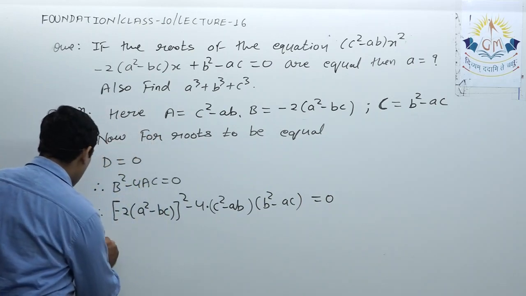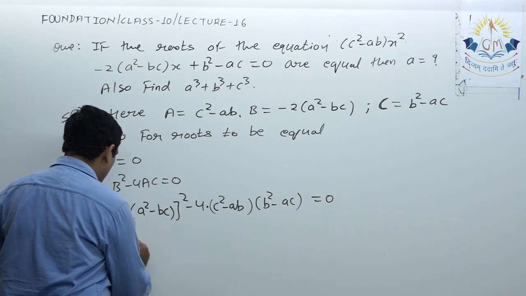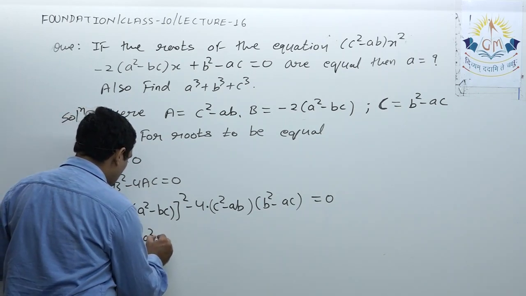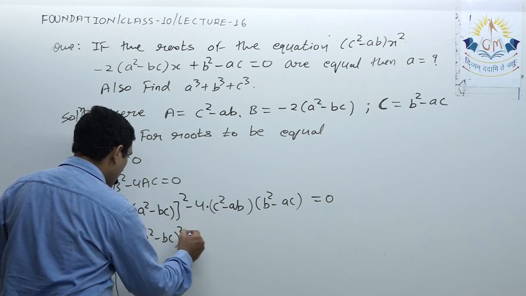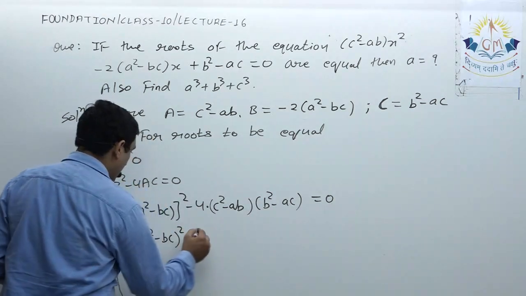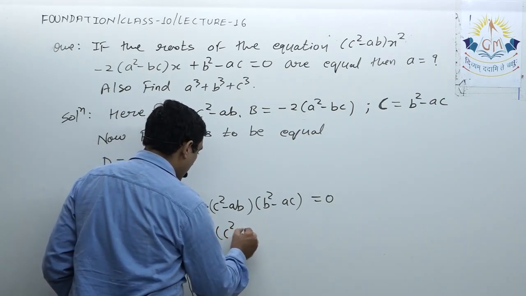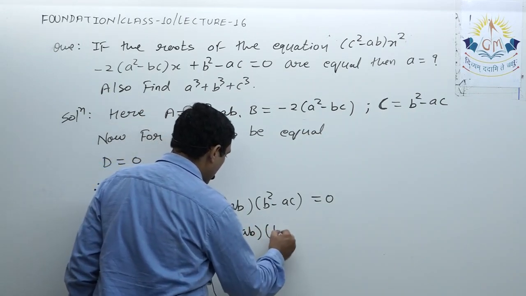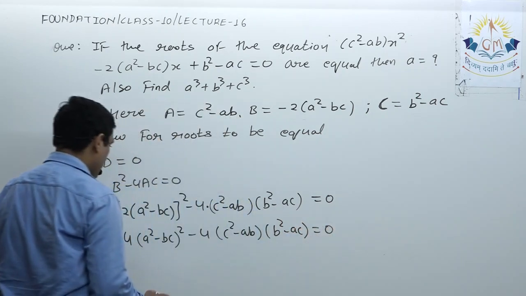Here if I apply the identity of (a minus b) whole square, I will get 4(a square minus bc) whole square, minus 4(c square minus ab)(b square minus ac) is equal to 0.